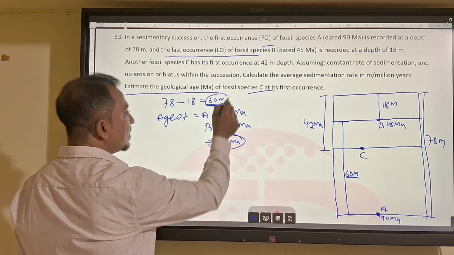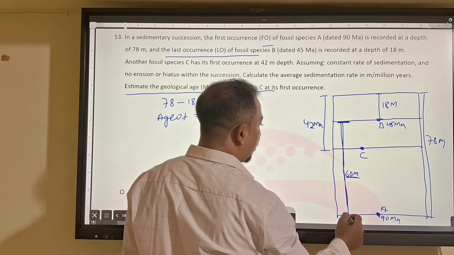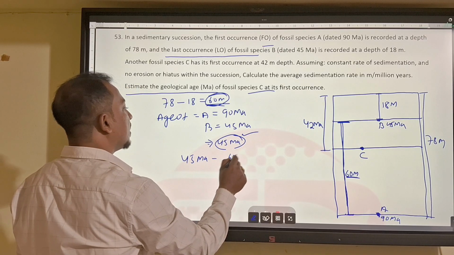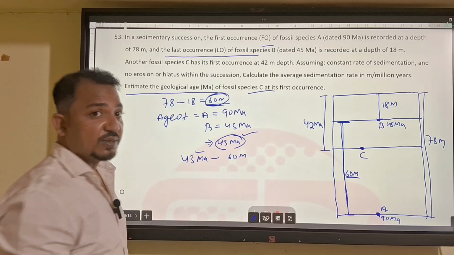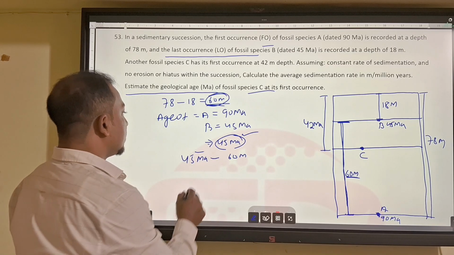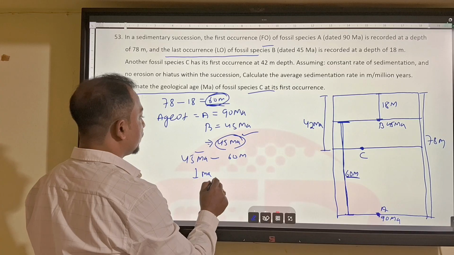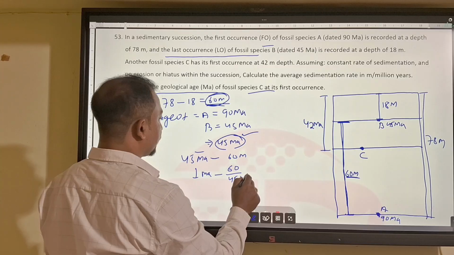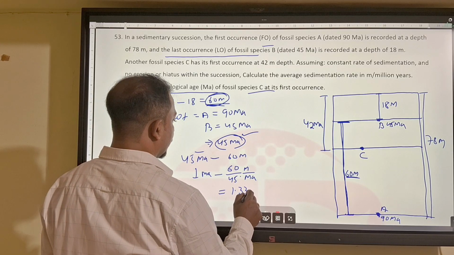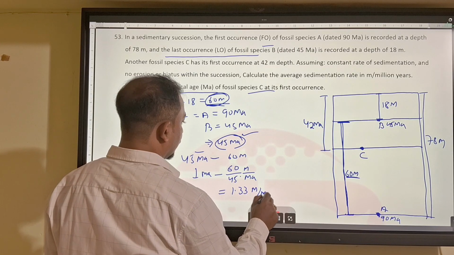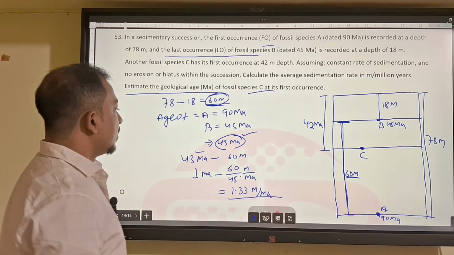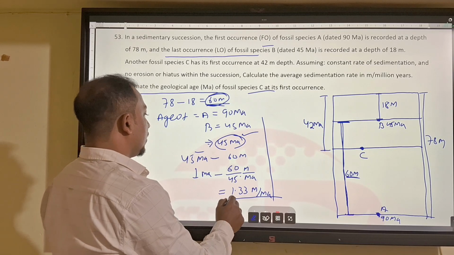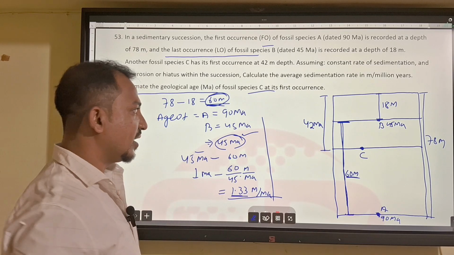That means this 60 meter of sediment thickness was deposited in 45 million years. So in 1 million year it will be 60 by 45, so it will be 1.33 meter per million year. So 1.33 meter is deposited in 1 million year.